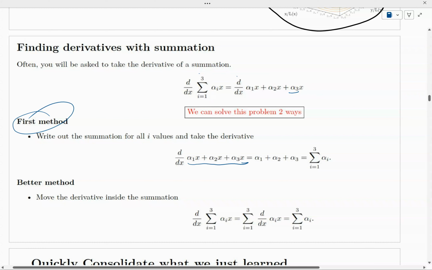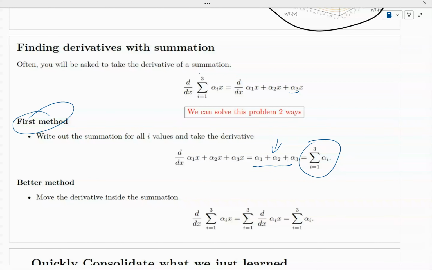After you write the whole sum, you take the derivative, so we can use the sum rule. So the derivative here is alpha 1, alpha 2, alpha 3. And you notice how this is equivalent to the summation of alpha I, from 1 to 3. You can do that, but that's a bit slow.